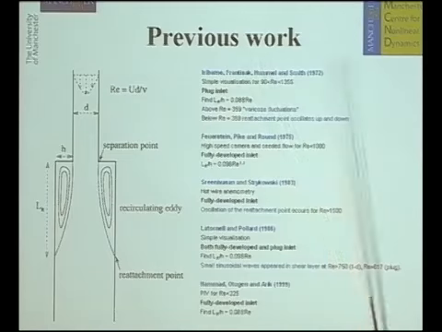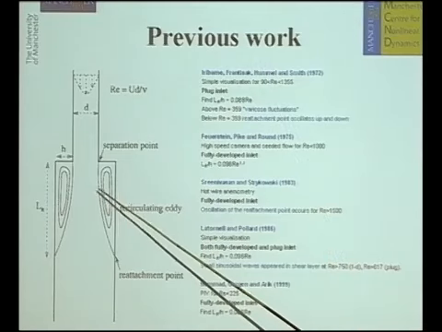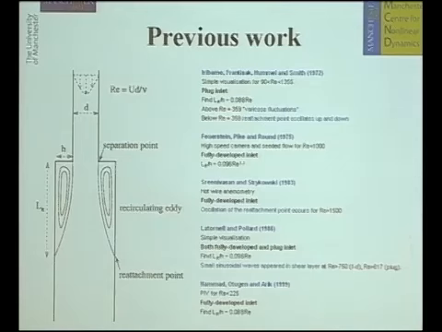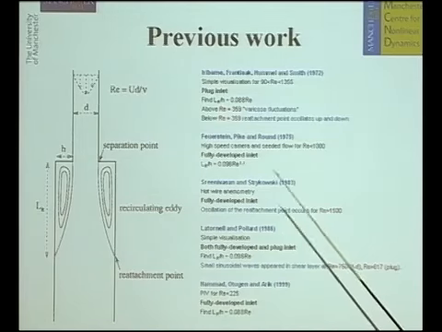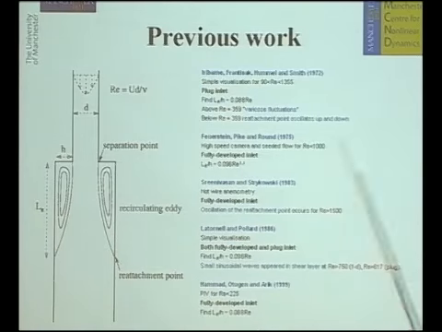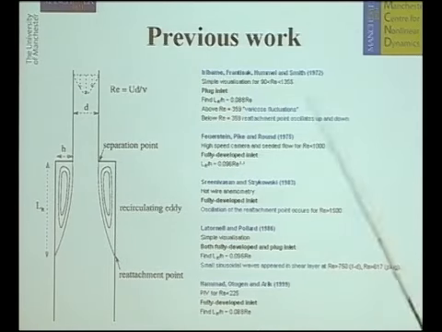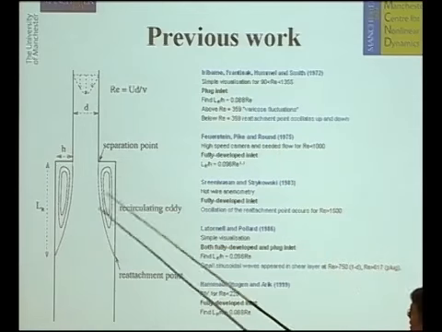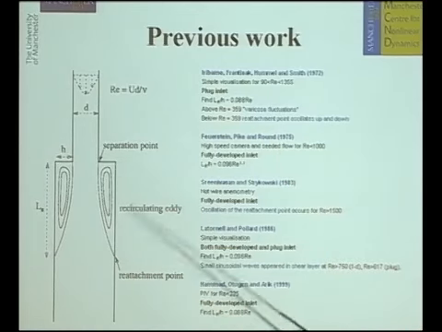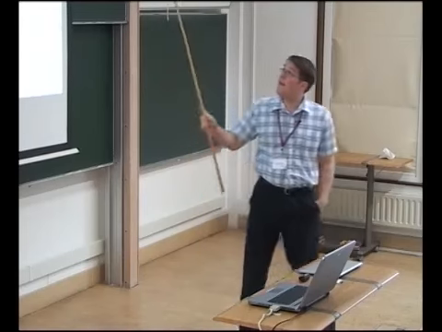This is just some of them. It's by no means an extensive list, but I'll start up at the top and work my way down. So in 1972, people were interested in this problem with a plug inlet flow, and they're interested in instability that may happen down here, and using simple visualization, they found that as you increase your flow rate above 359, you get something they call varicose fluctuations down here in your shear layer.